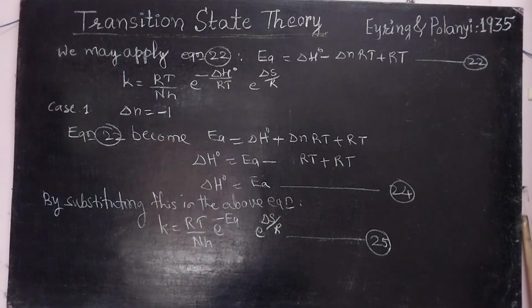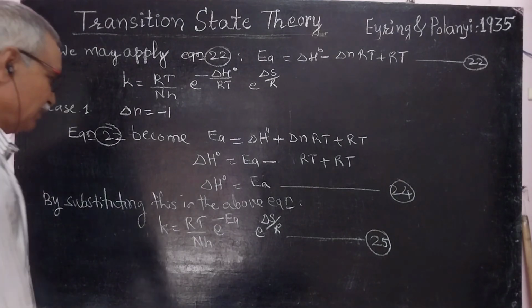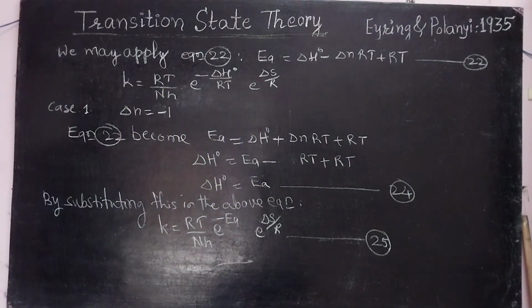Equation 25 is applicable to the reaction in which delta N equals minus 1. Similarly, we can apply equation 22 to any reactions, gaseous reactions or liquid solution reactions, where the change in the number of molecules is different.